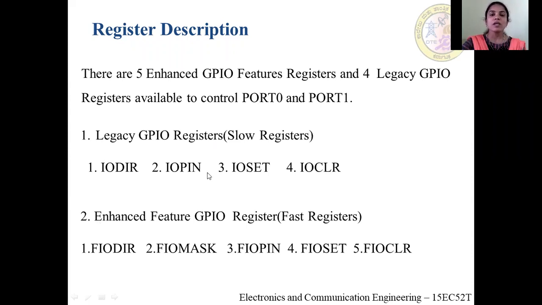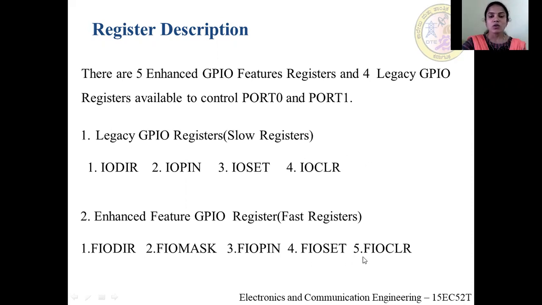In the same way, here also for the GPIO registers, that is the 4 legacy GPIO registers as well as the 5 enhanced feature registers, the memory allocation is reserved. These registers are also 32-bit registers. For each register, 4 memory locations are allocated because the width of a memory location in LPC2148 is 8 bits.